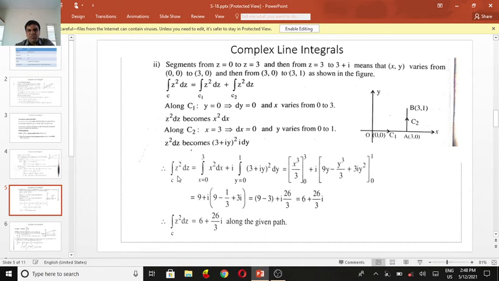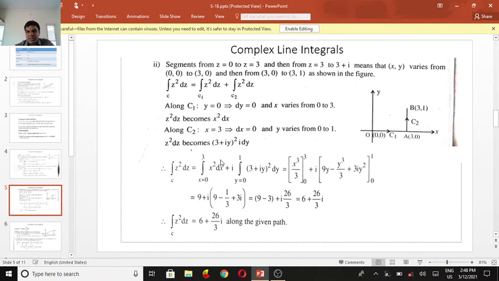Integral of z square dz over C should be equal to, in the first curve C1, the integral with x varying from 0 to 3 of x square dx, plus i times the integral with y varying from 0 to 1 of (3 plus iy) whole square dy. So simplify.